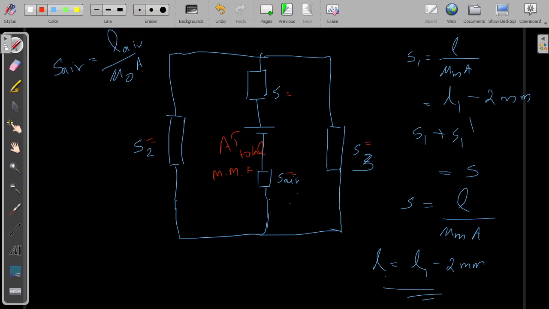That means this S2 and S3 are parallel, so you can replace them by a single reluctance, and then the circuit will look like this.